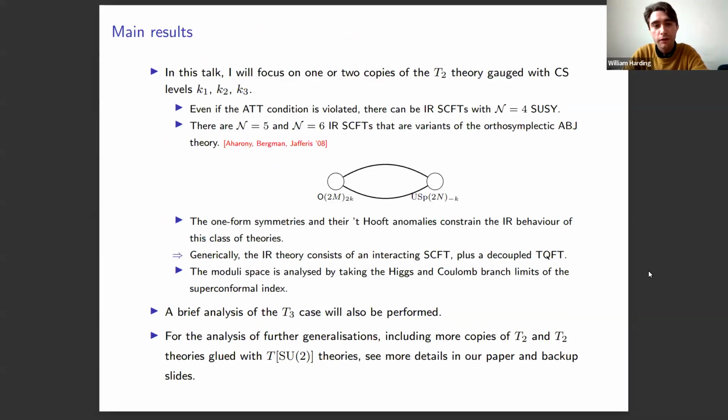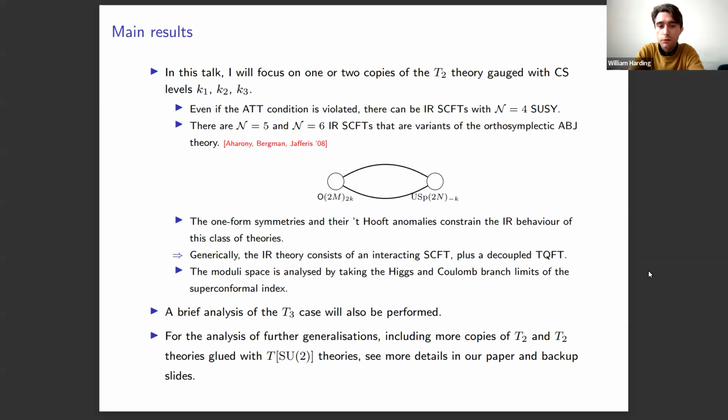Okay, now before moving on, I will give a brief description of the main results which I will present. So in this talk, I will focus on 1 or 2 copies of T2 theory, gauged with Chern-Simons levels K1, K2, and K3. Now, I will show that even if the ATT condition is violated, there can be infrared SCFTs with N equal to 4 SUSY.